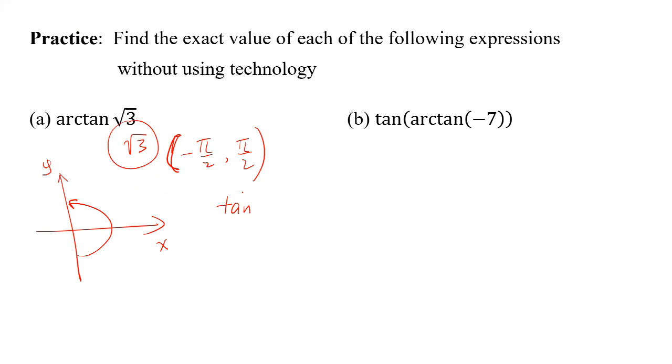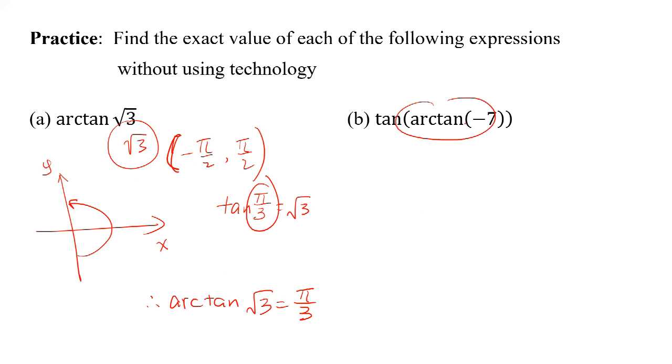We know that tangent of a third pi is square root of 3, and a third pi is within this interval. So the angle we are looking for is 1/3 pi.